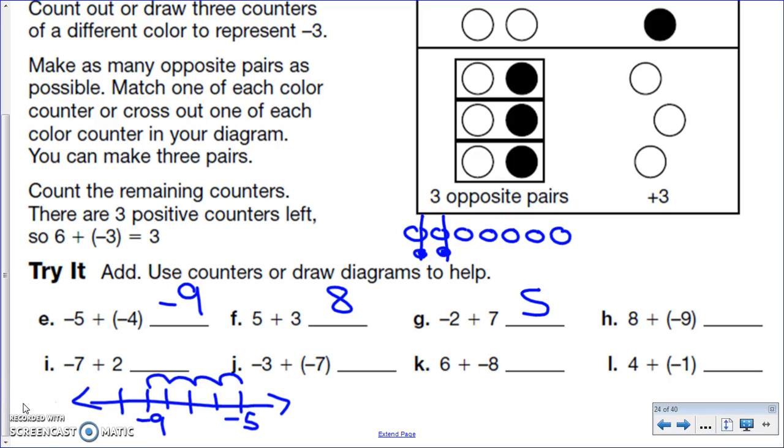And here we have 8 plus -9. So we're going to use the circle method again. So we're going to draw out 8 positives and 9 negatives.